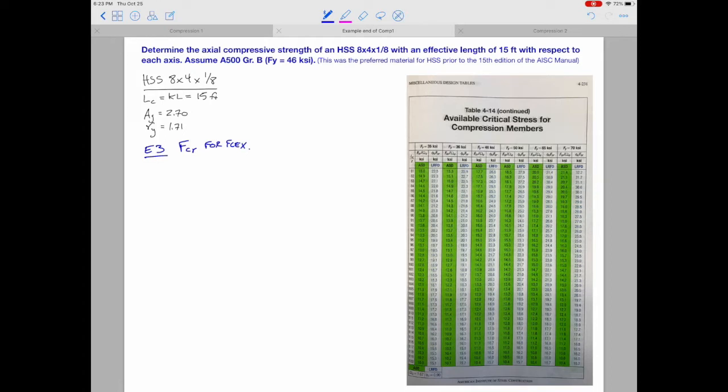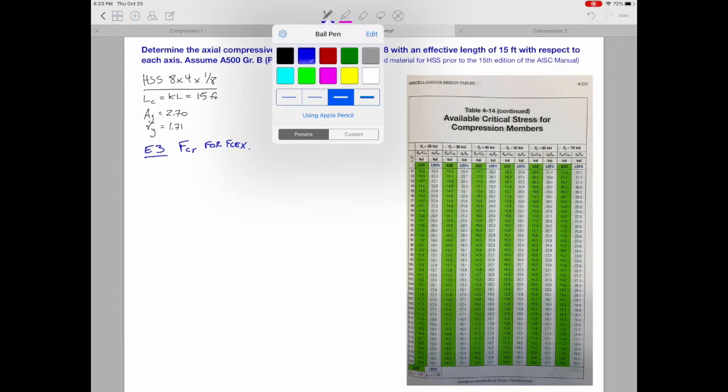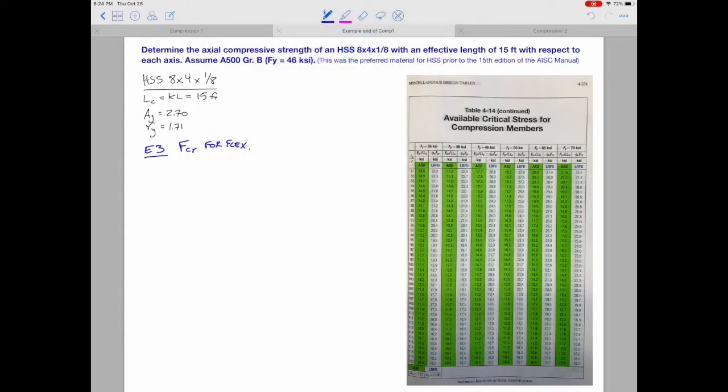And like I said in class, we'll use the flexural buckling strength even if we do have to go into E7 and do local buckling. But for the time being, we maybe don't know that, so we're just going to start anyway. So the bottom line is always start with E3. Always start with E3. Okay, so that's what we're doing. So let's start with E3.